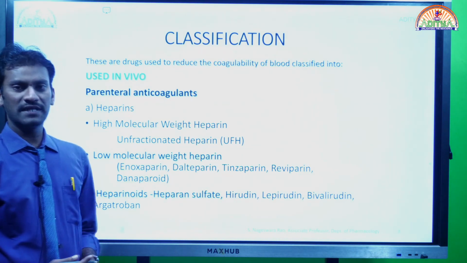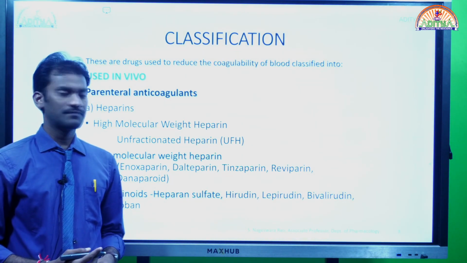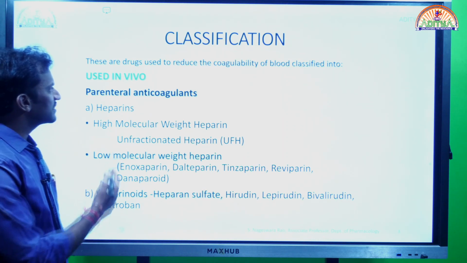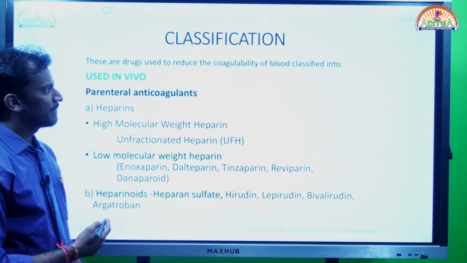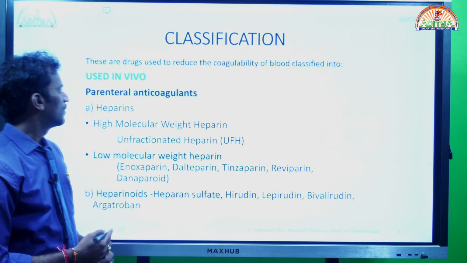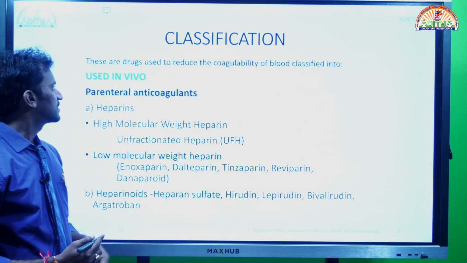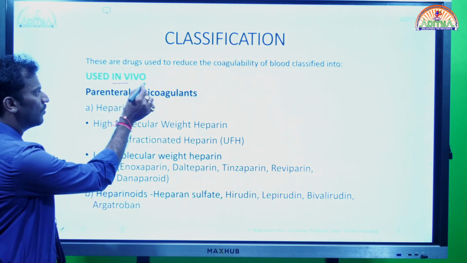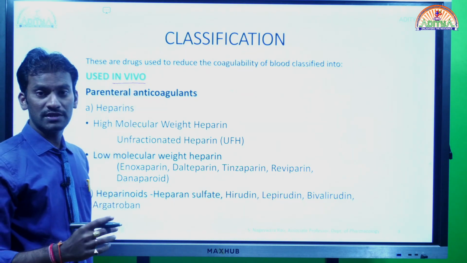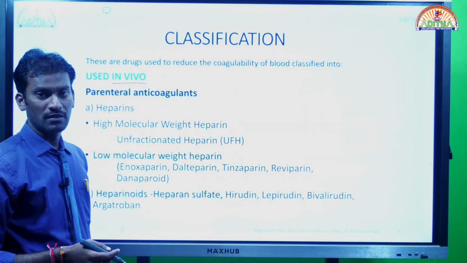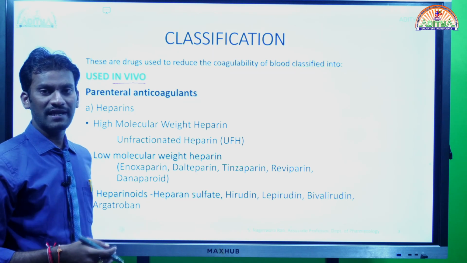Now, coming to the classification of anticoagulants, the drugs used to reduce the coagulability of the blood are classified into two categories mainly: drugs used in vivo and drugs used in vitro. In vitro means they are used in laboratory conditions.